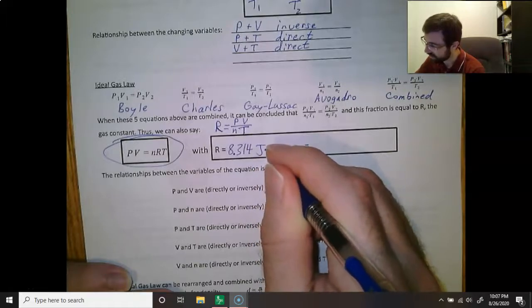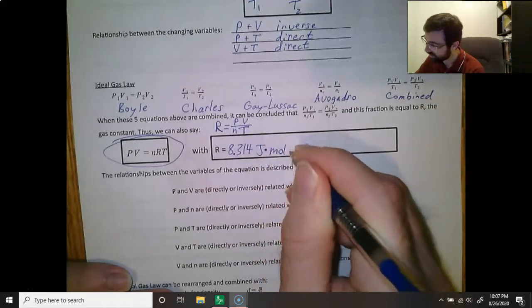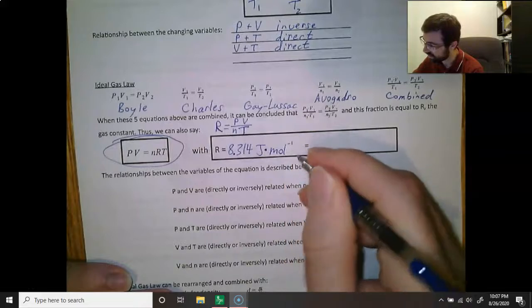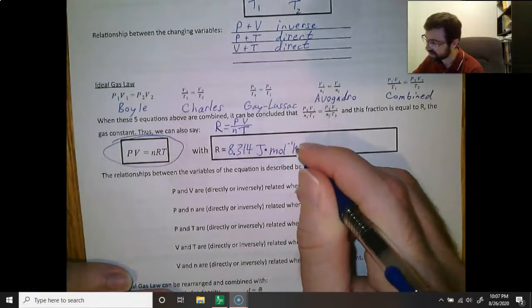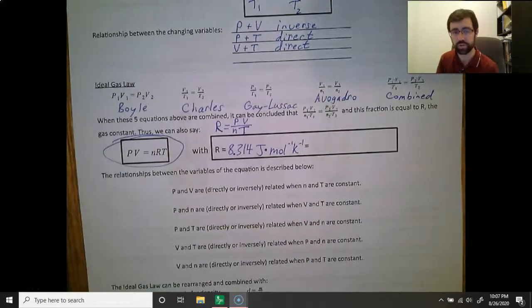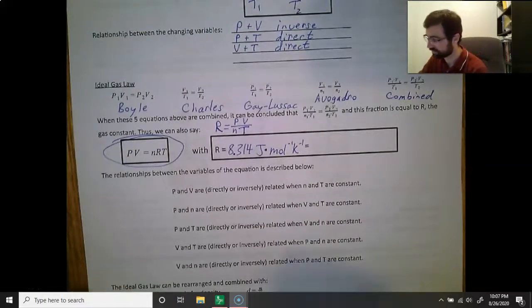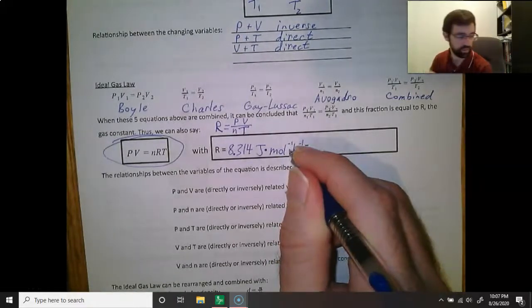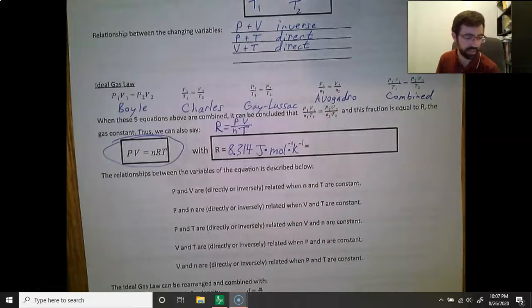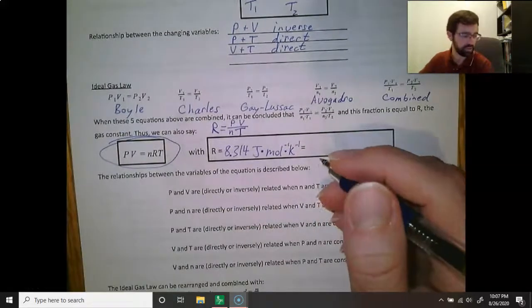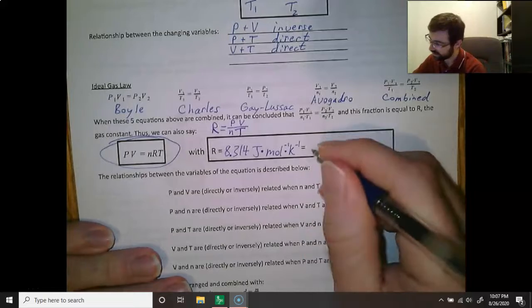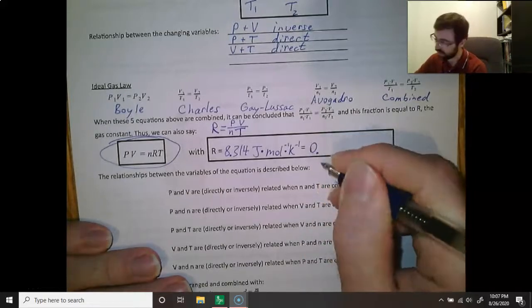Joules times inverse moles and inverse Kelvins. That means joules divided by moles and also divided by Kelvin. Kind of a unique way of writing units. Okay, this is the one you're probably more familiar with and you've used it more often, or at least something very close to it.